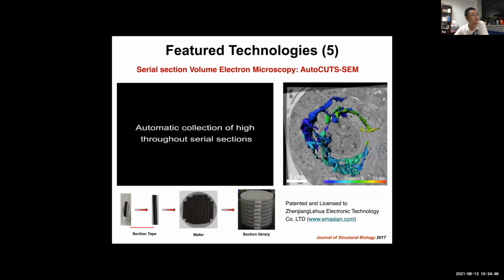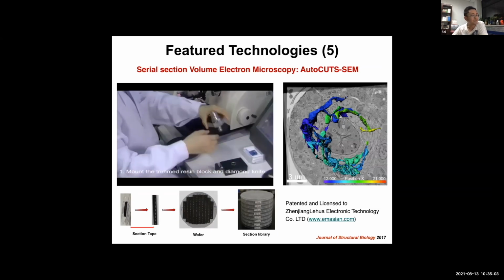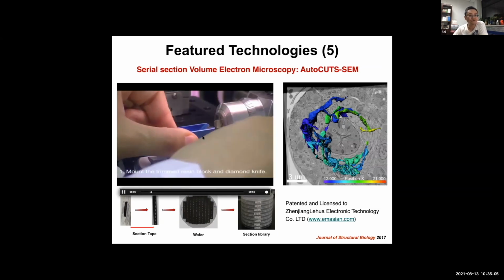And another technology in our center is called serial section volume electron microscopy, and the technology we developed is called AutoCUTS-SEM. So this is a video to show the workflow.